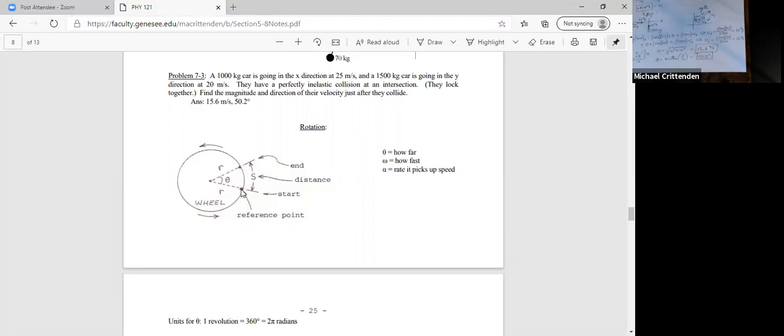If you draw a line from its initial position to the center of the wheel and a line from its final position to the center of the wheel, that makes an angle theta. This distance that I've labeled S, that's how far that point has moved.